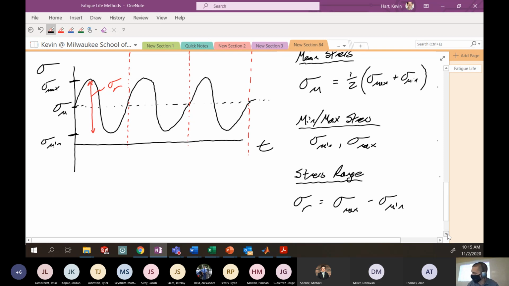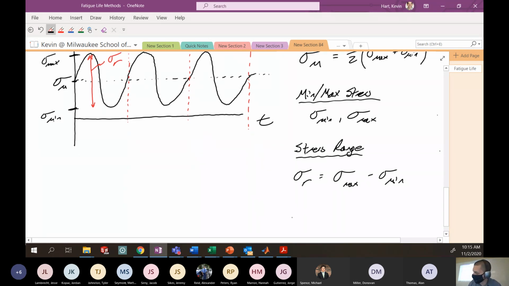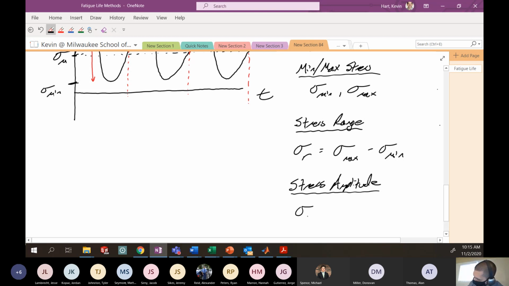And the last one we'll talk about is the amplitude, which is very similar to the stress range, but is just half of the stress range. This is the amplitude of your sinusoid. So here we call this sigma A, which is half of the stress range, or 1/2 of the max minus the min.